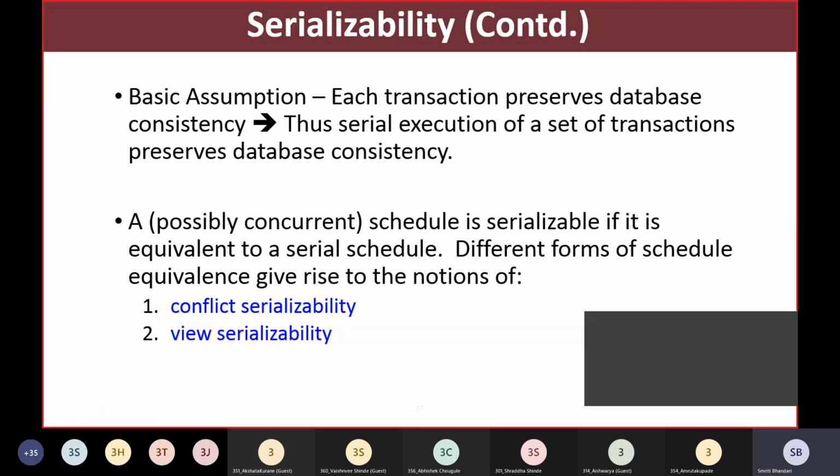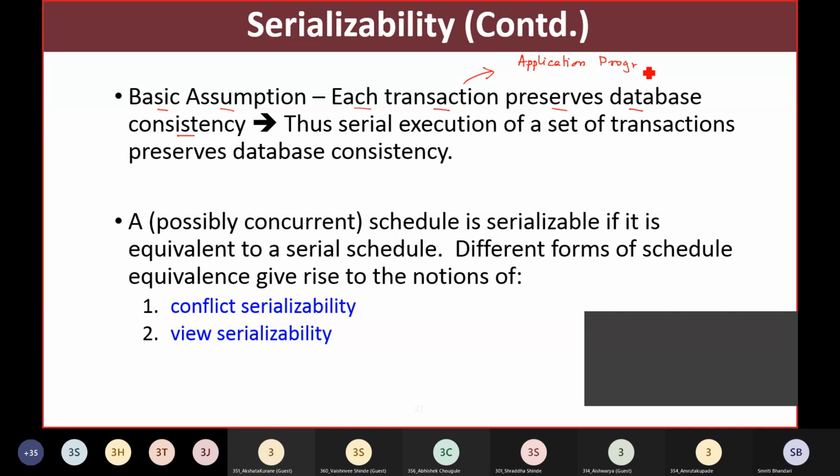Yes, ma'am. Right. So let us proceed now with the basic assumption that we are having. Our basic assumption is that each transaction preserves database consistency.